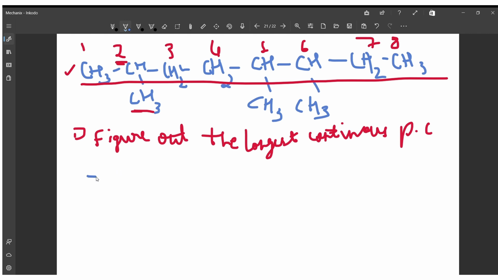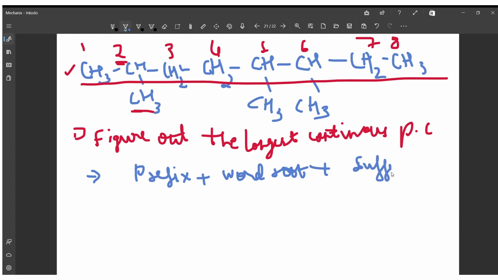So for normal IUPAC naming, we have the prefix, the word root, and the suffix. In the suffix, we have two more. That's the 1 degree suffix, and here we have the 2 degree suffix.